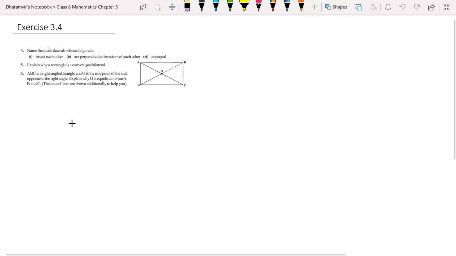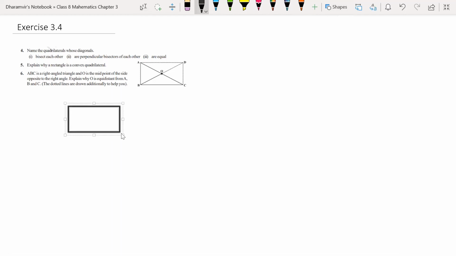Diagonals of a parallelogram bisect each other. Rhombus, square, and rectangle are parallelograms, hence their diagonals also bisect each other like this. This is the diagonal. This is a parallelogram, its diagonals bisect each other.